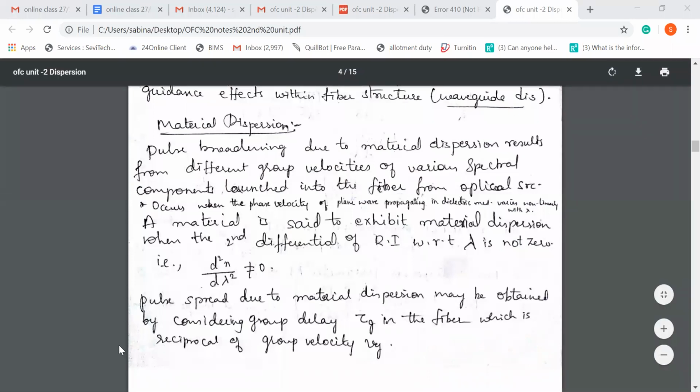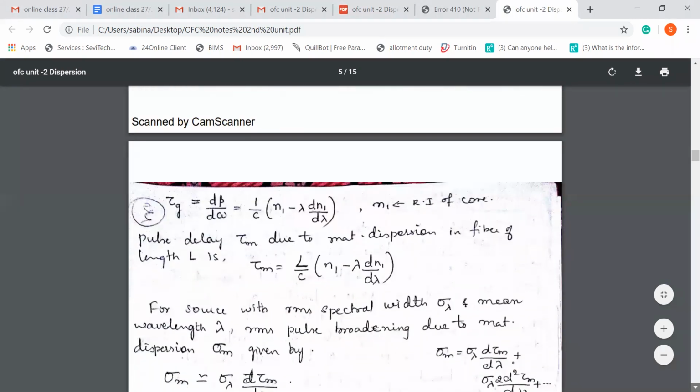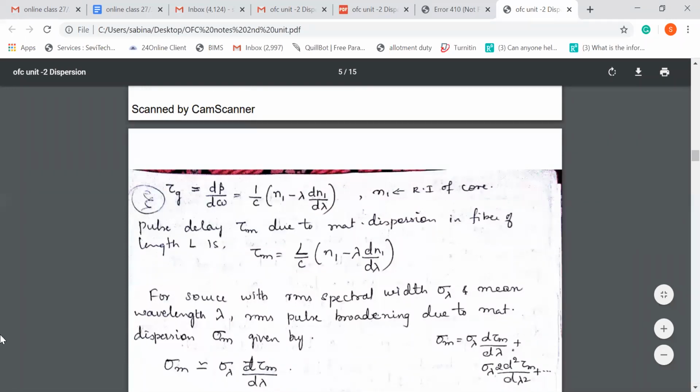The pulse spread due to material dispersion may be obtained by considering the group delay in the fiber, which is the reciprocal of the group velocity vg. This is some formula they have written, so you need to understand how we got it.